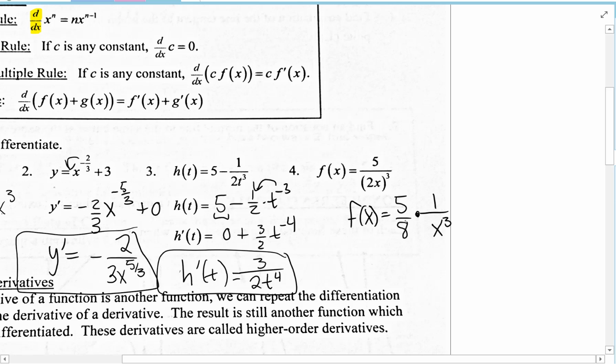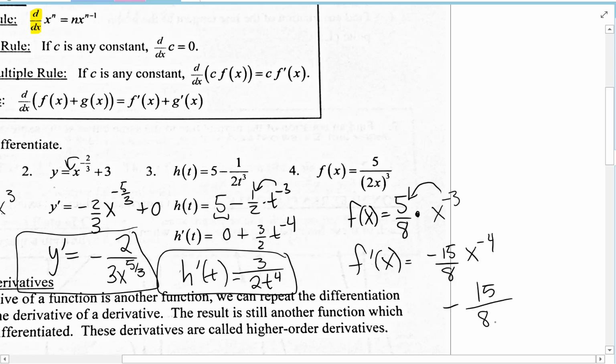It's 5 over 8. 1 over x cubed, I can rewrite that as x to the negative 3. And now I'll derive. F prime of x is equal to, pop down, power down, negative 15 over 8, x to the negative 4. So negative 15 over 8x to the 4th.